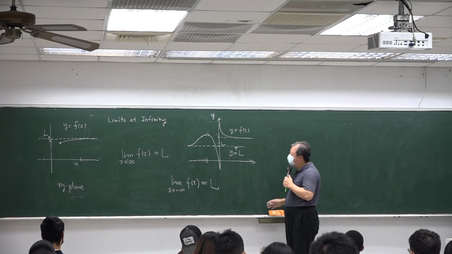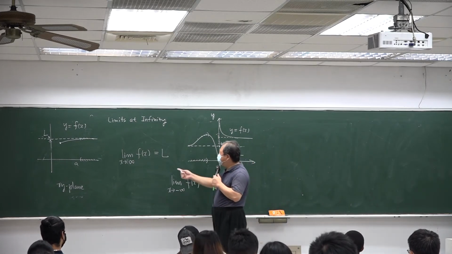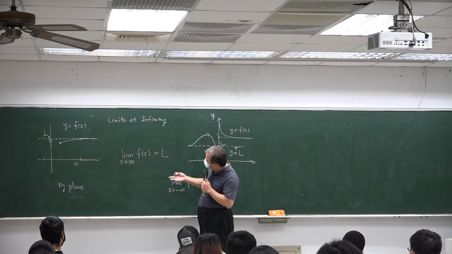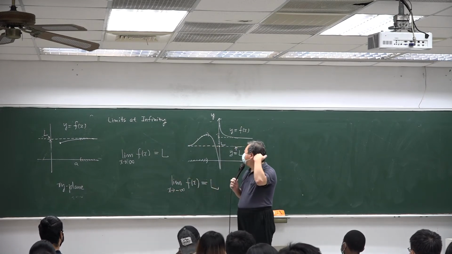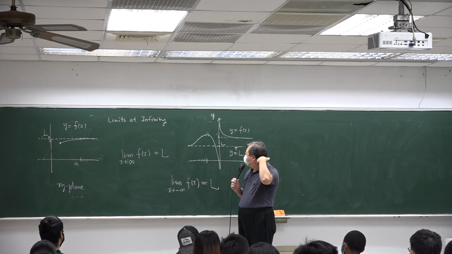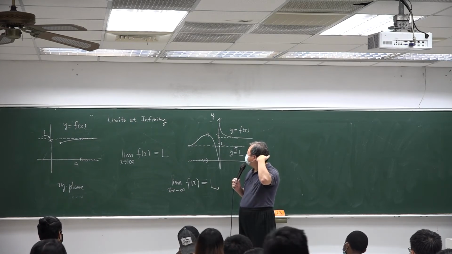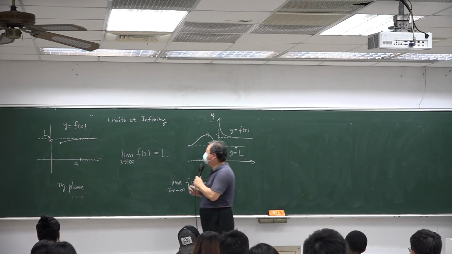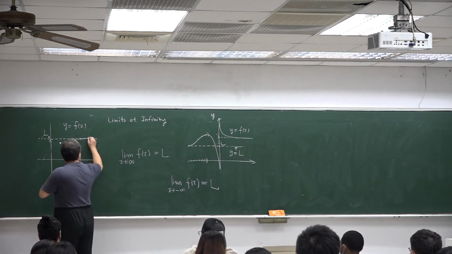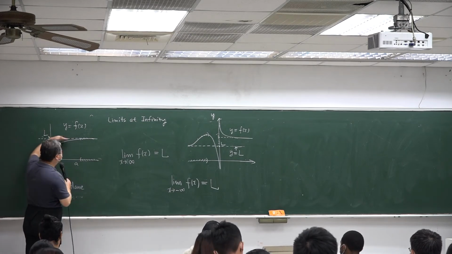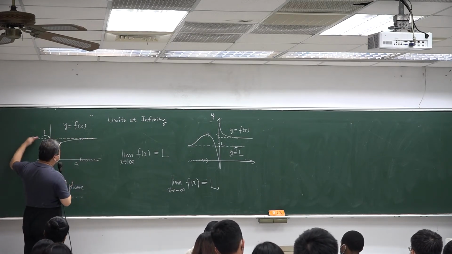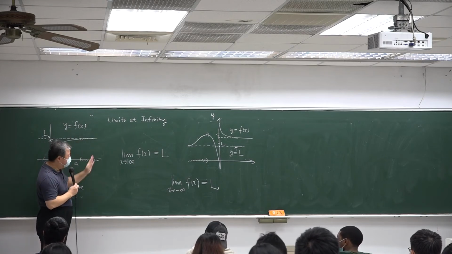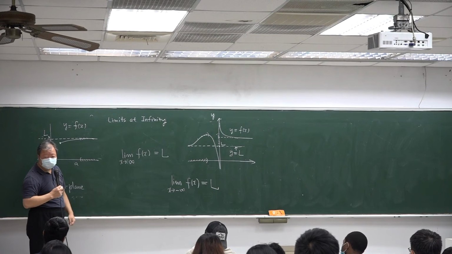Usually, if a limit at infinity exists and this L is a finite number, then geometrically, intuitively, there must be a horizontal line, this one, such that the curve gets arbitrarily close to this line as x is very large.